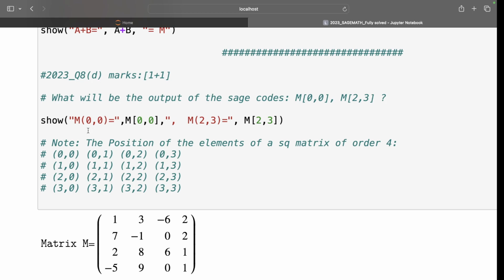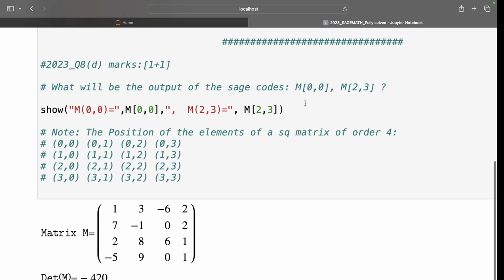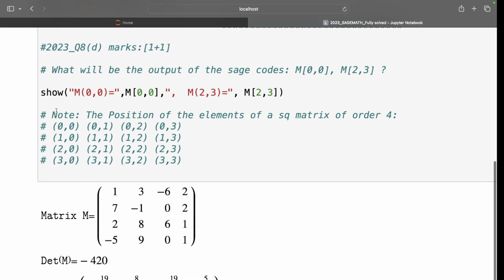Next question, 8d. What will be the output of the Sage code M[0,0], M[2,3]? Actually, the position of the matrix starts from 0. The first point we call 1, 1, but in Sage code the position is 0, 0. So the columns are 0th column, first column, second column, third column, and the positions are 0,0, 0,1, 0,2, 0,3.